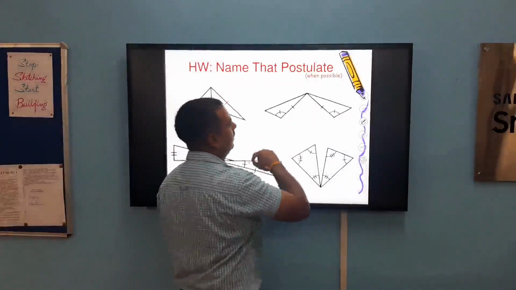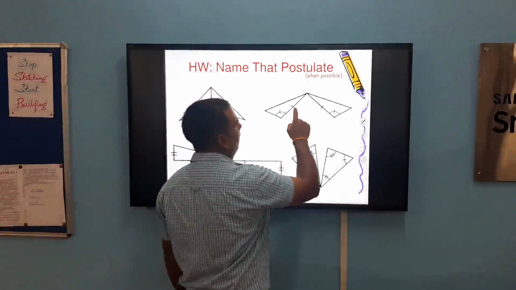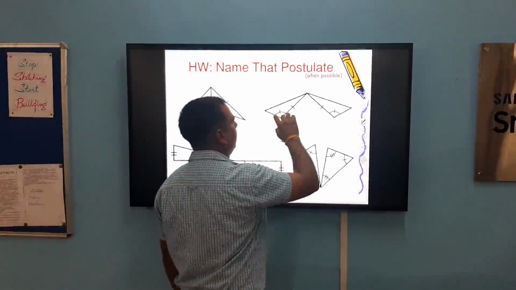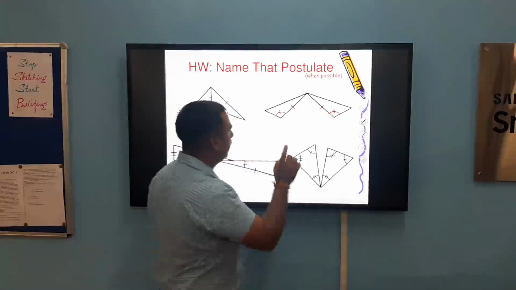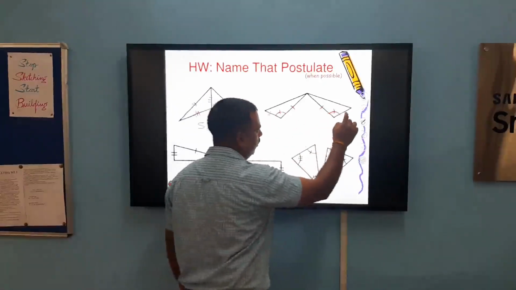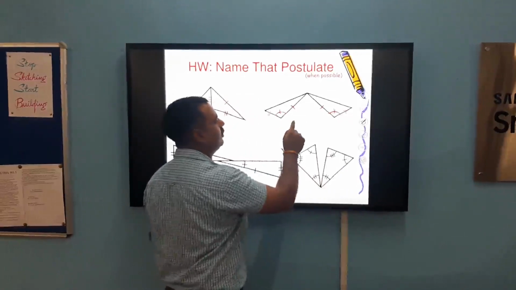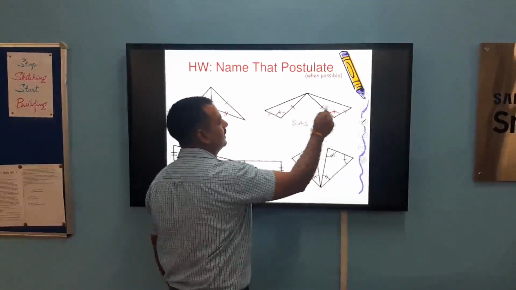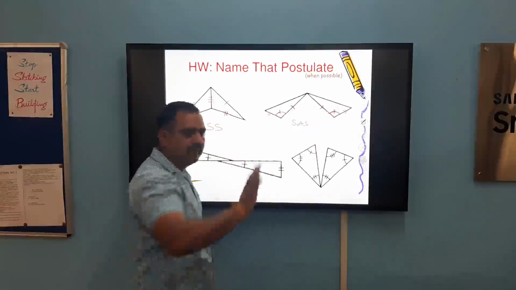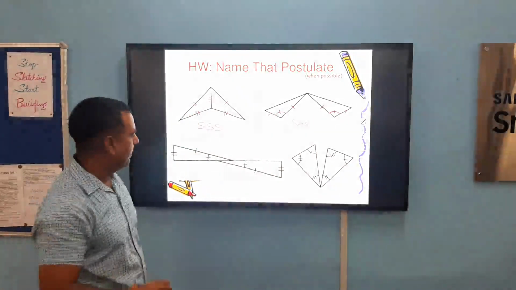In this case, one side is given, one angle is given. If this side is equal to this one, then we use SAS, and if instead this side is given, then we cannot prove it, as SSA does not work.